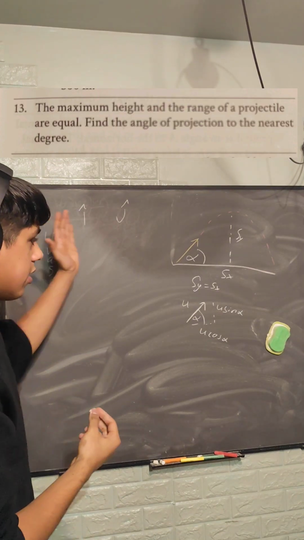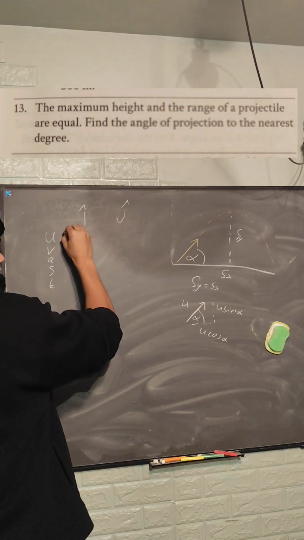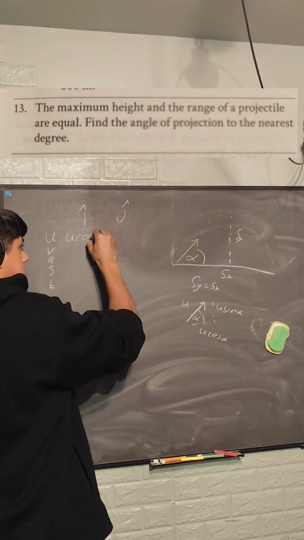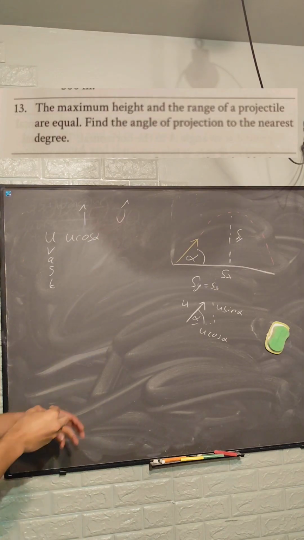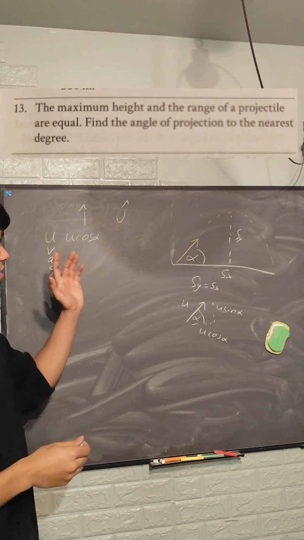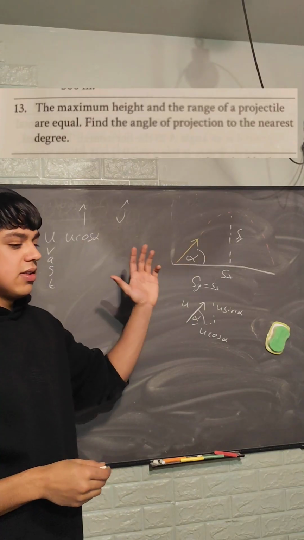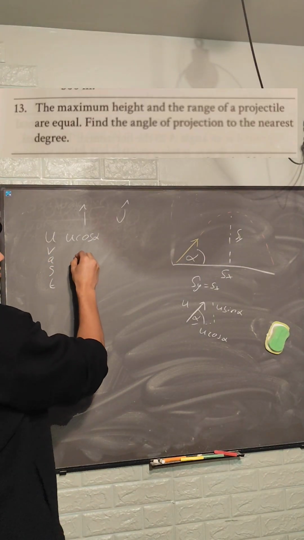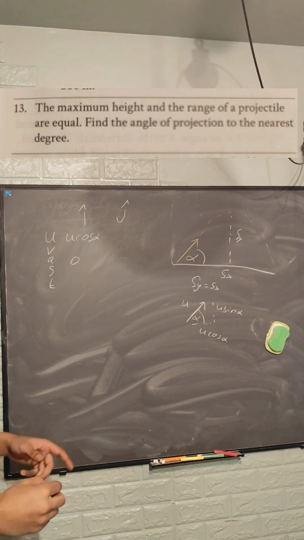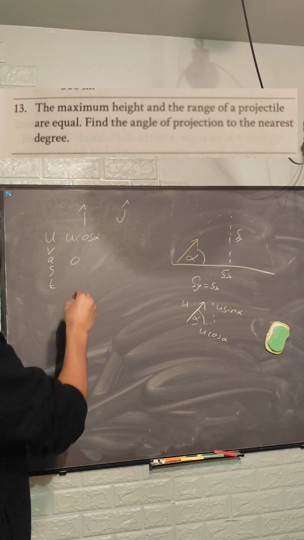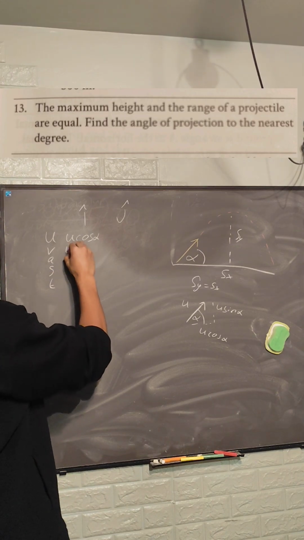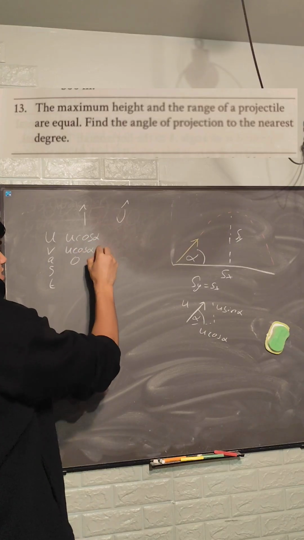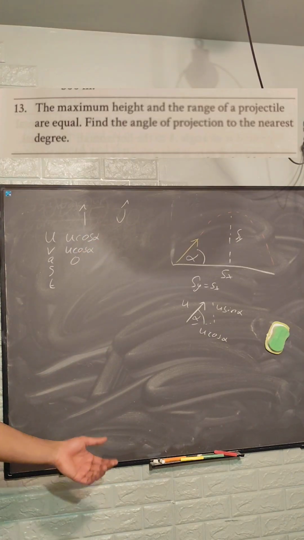So the u in the horizontal is u cos alpha, as we resolved there. And what you need to know with all projectile questions is that in the horizontal direction, the acceleration is always 0. There's nothing slowing it down and there's nothing making it faster. So the acceleration is 0. Because the acceleration is 0, the initial velocity is equal to the final velocity. So the final velocity is also u cos alpha.